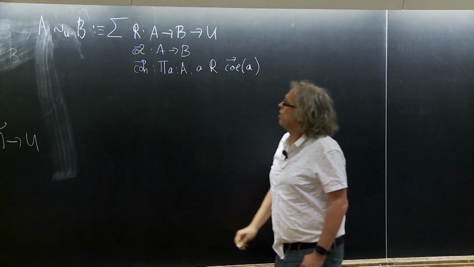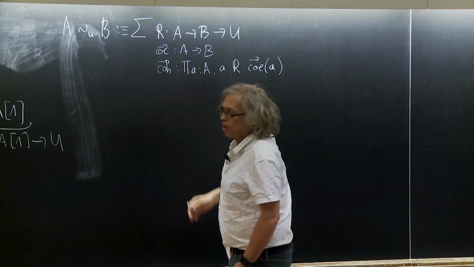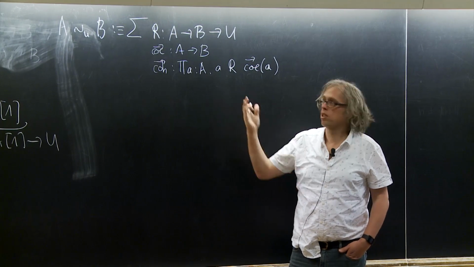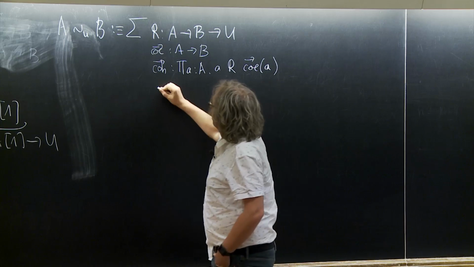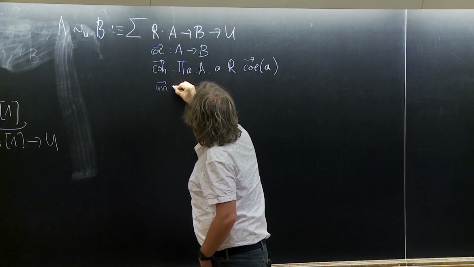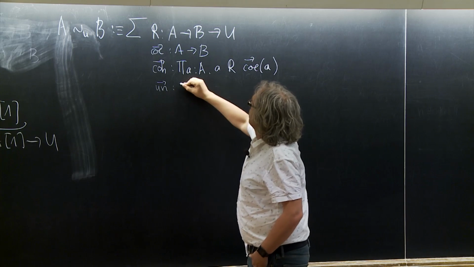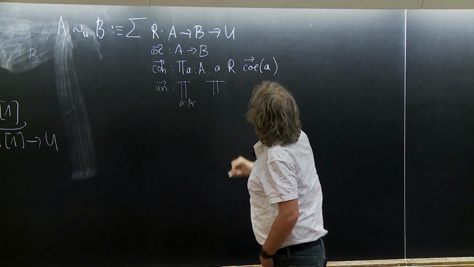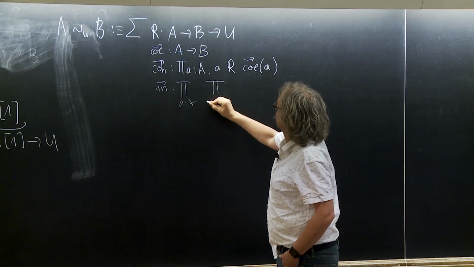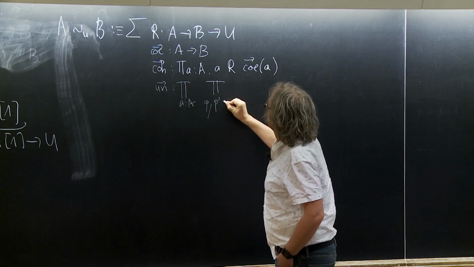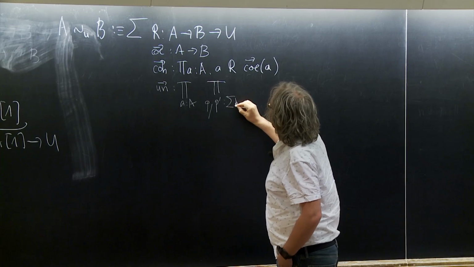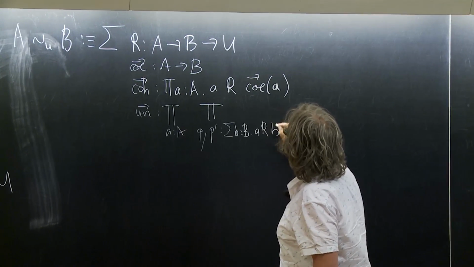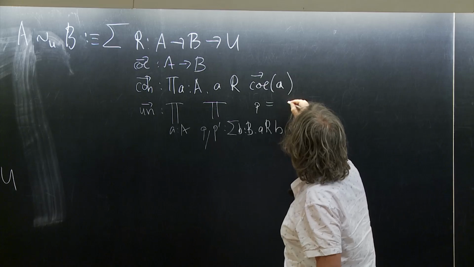So I need another condition, because, first of all, I'm going to give a completely symmetric definition of equivalence. So you turn everything around. So we also need a uniqueness condition, which I'm not going to discuss in great detail, which basically says if you have an element in A and you have two pairs P, P prime of sigma of an element of B, which is related to A, then these two are equal.